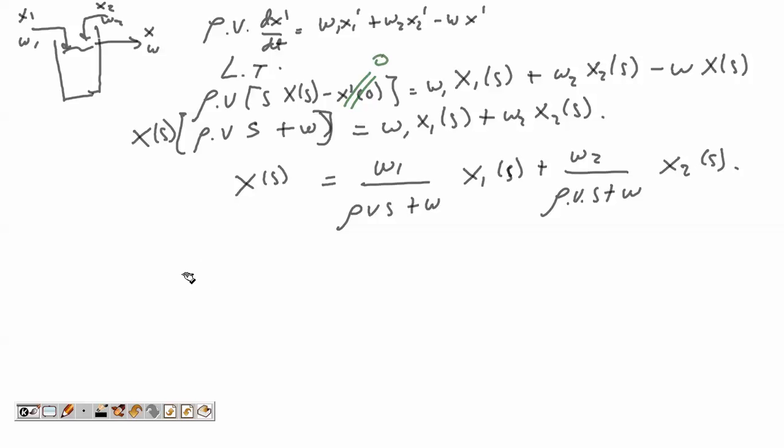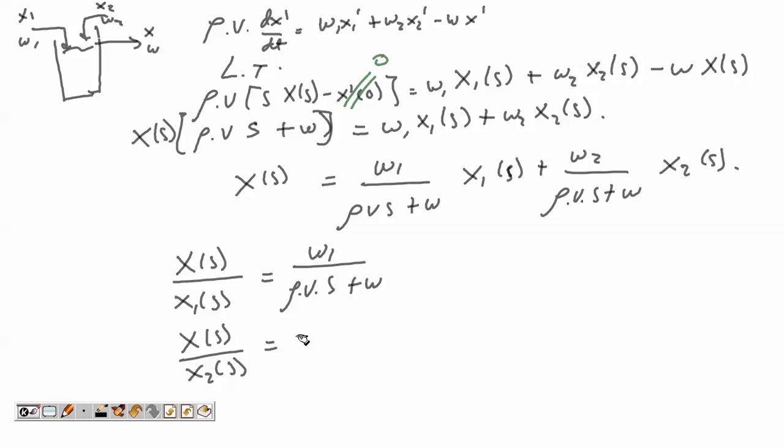So for the transfer function X(s) with respect to X1(s), just assume that X2(s) is 0, or there is no change in x2. So X(s) over X1(s) is W1 over (rho V s plus W). Also, X(s) over X2(s) is W2 over (rho V s plus W).